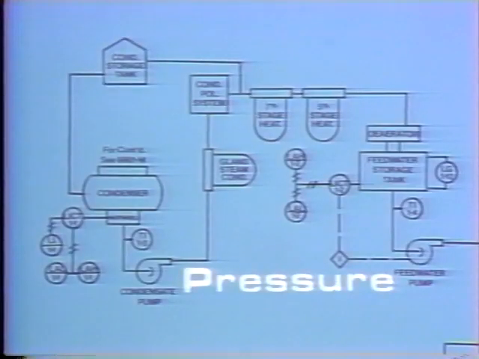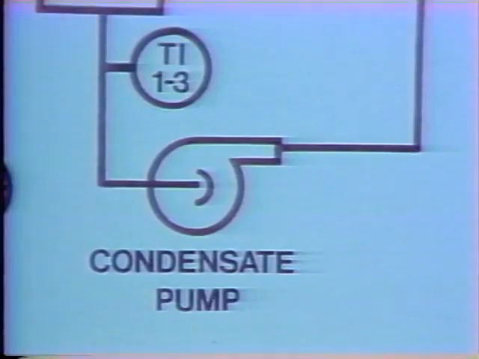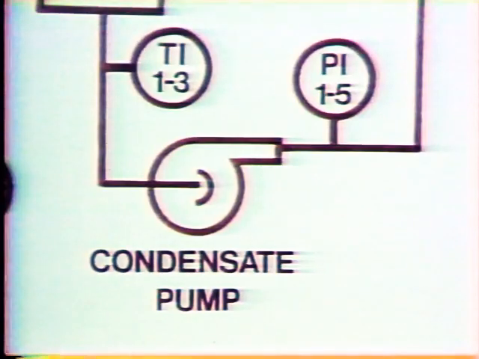Pressure is a third variable that we need to measure. A condensate system is designed to operate under certain pressures. If the pressures aren't maintained, the efficiency of the unit will decrease and possibly cause damage to the components. On this P&ID, pressure is measured at the discharge of the condensate pump. This symbol, as you know, indicates that the pressure indicating instrument is locally mounted.